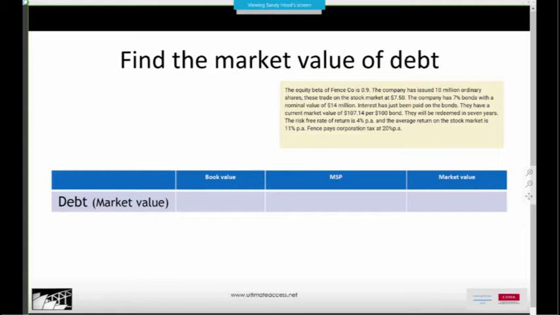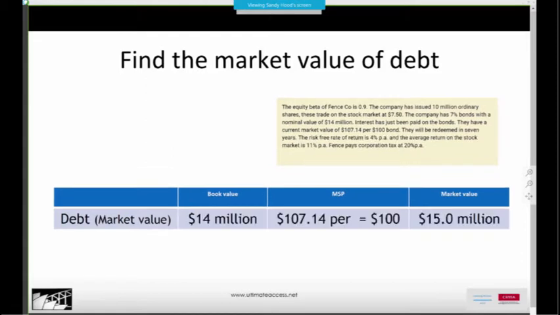It's got a market value of 107.14, and the total value, according to the statement of financial position, is 14 million. So 14 million times 107 divided by 100 gives me a market value of 15 million.